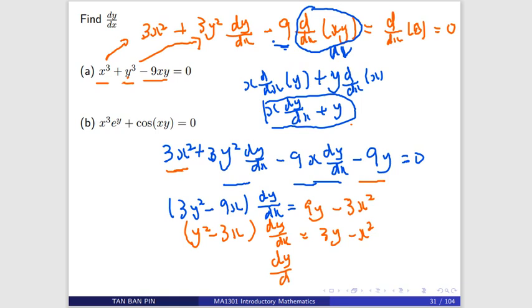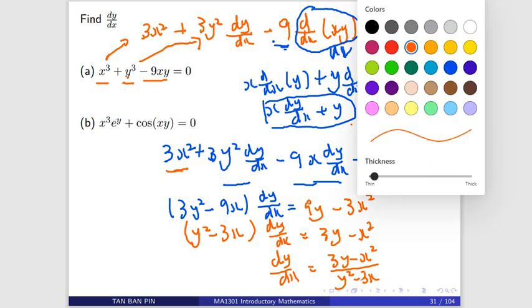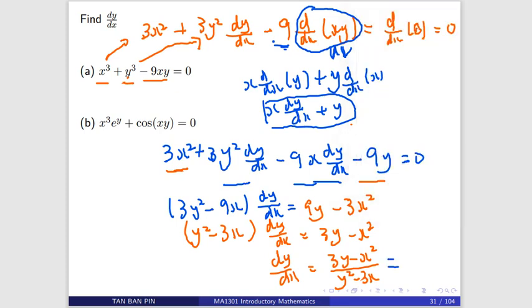So dy/dx would be 3y minus x squared over y squared minus 3x. And you take note that this is the same as x squared minus 3y over 3x minus y squared. These two are the same because we know that minus a minus b is actually b minus a. You can take out a minus sign. So you can switch around.